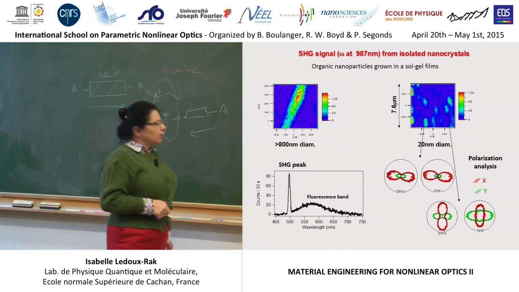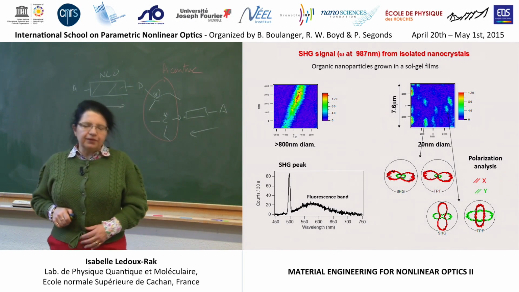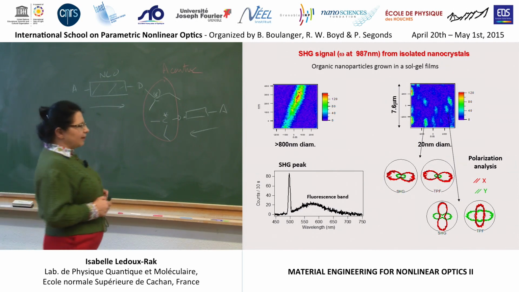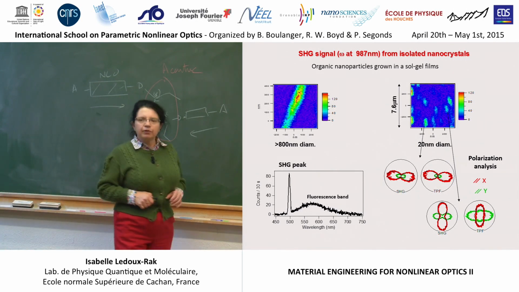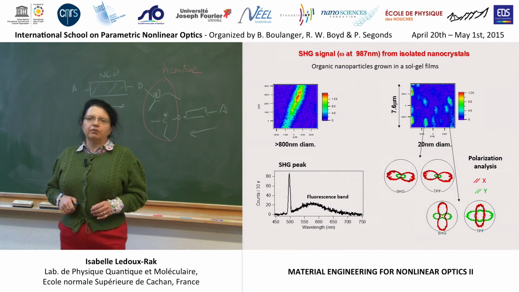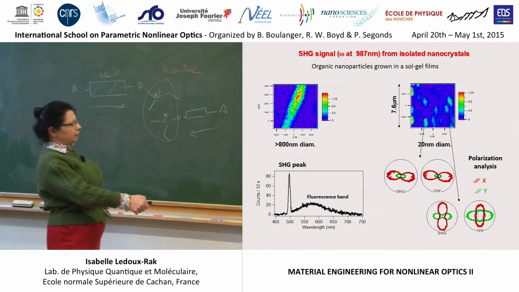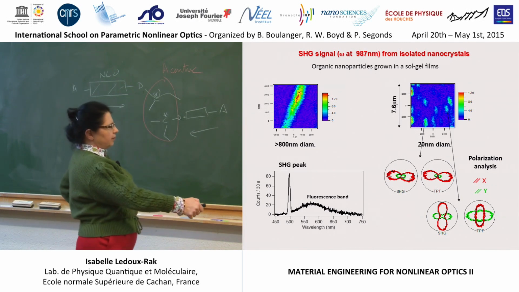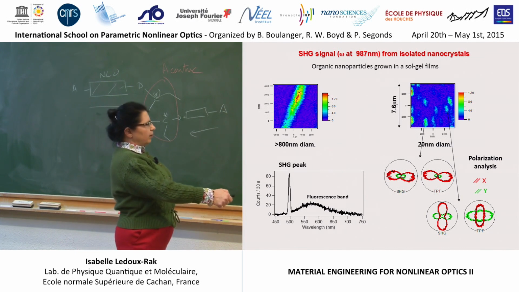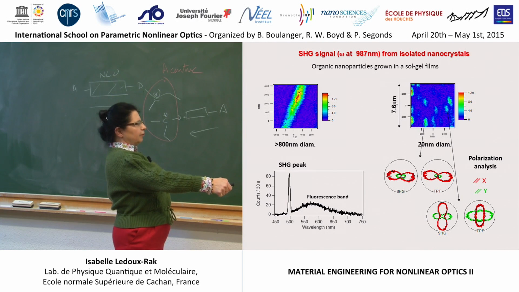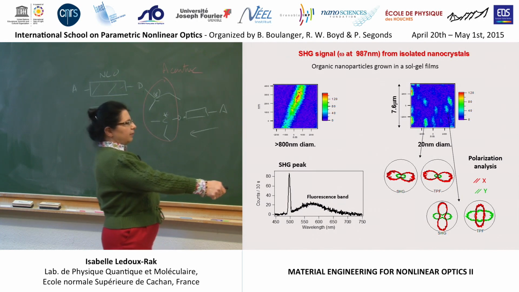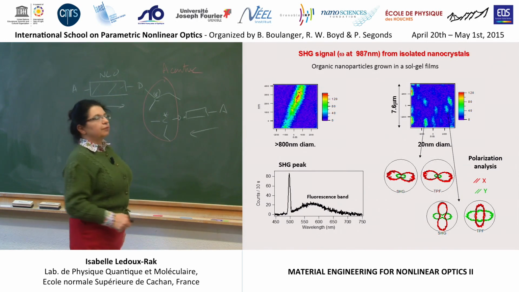And we suppose that these particles made of parallel dipolar molecules should display a dipolar response. And the signature of dipolar response is a polarization analysis where one polarization displays a much larger signal than the perpendicular one. That's obvious. And then you have this point by second harmonic and confirmed by two-photon fluorescence.